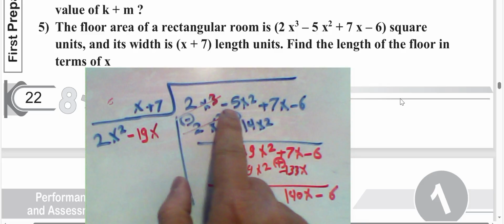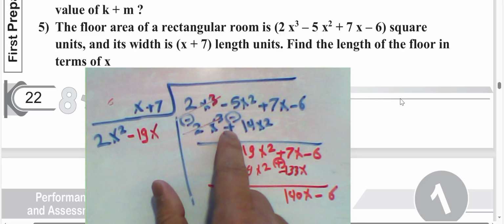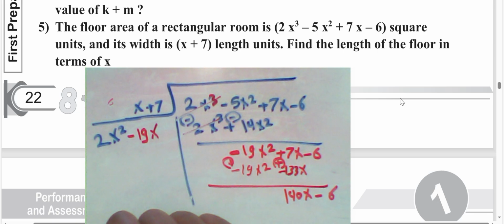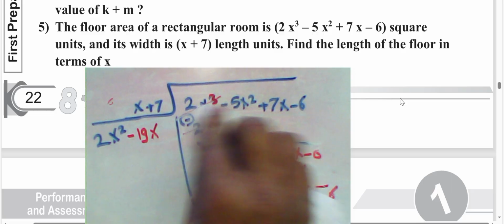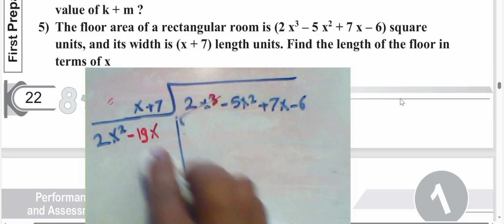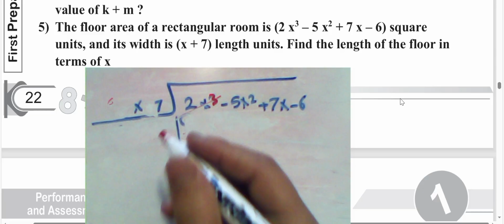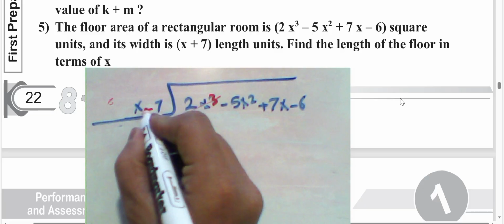If we change here from positive to negative, x times negative 7. Okay, we have a wrong step here in the question. I will change the number like this, and I will see. Okay, I will change x plus 7 to x minus 7.